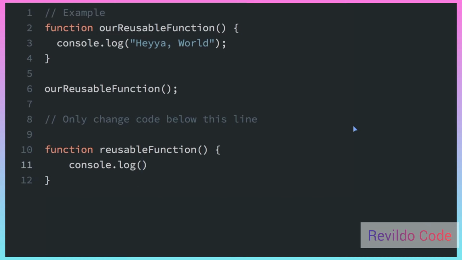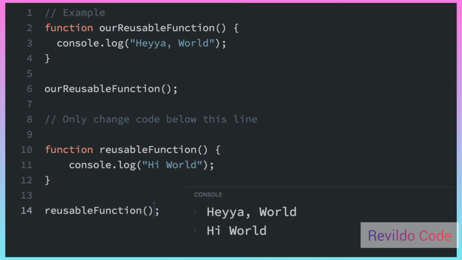It's going to say, "Hi, world," instead of "Hey, world." And now I can call the function down here just like this, reusable function. Oh, forgot to put the parentheses. That's important. Now you see "Hey, world" and "Hi, world" in the console.